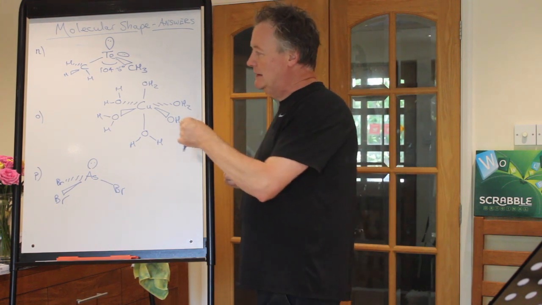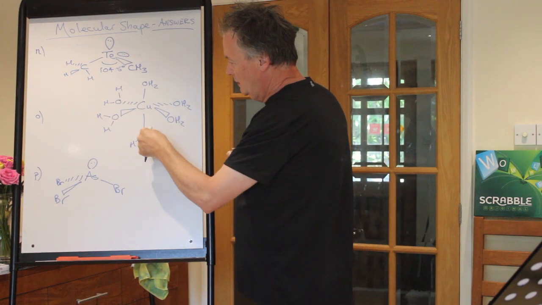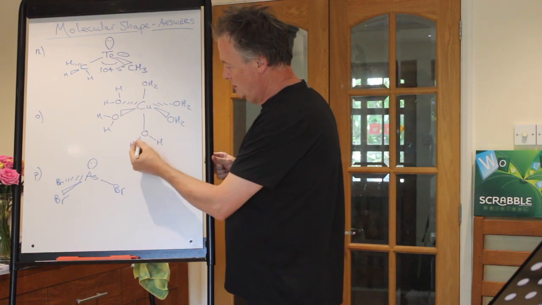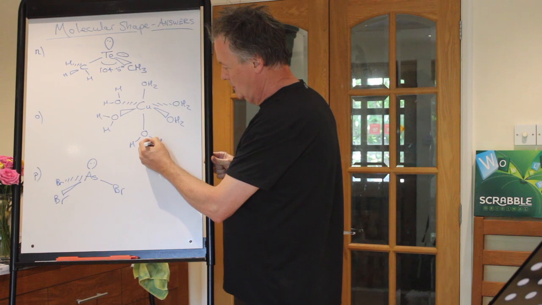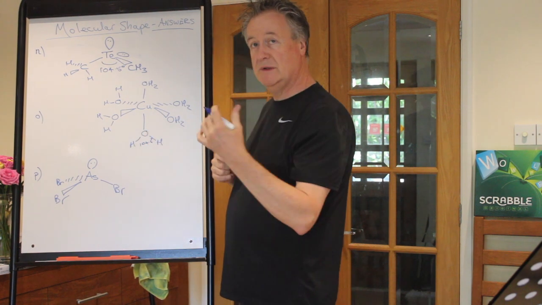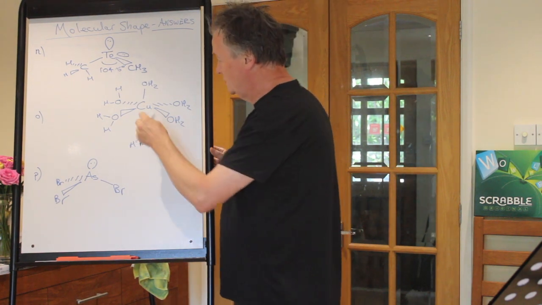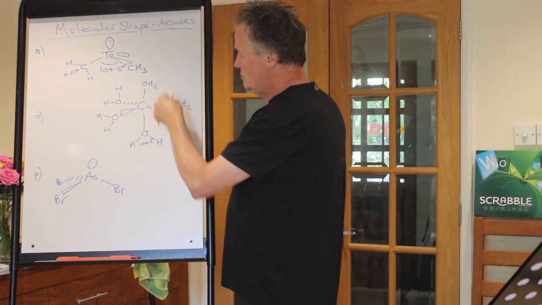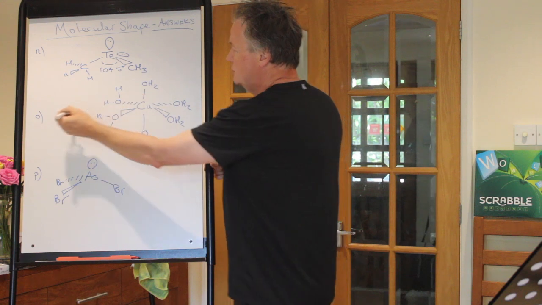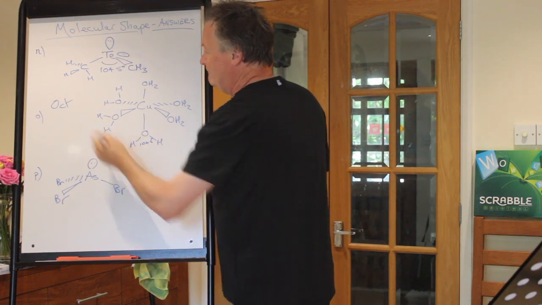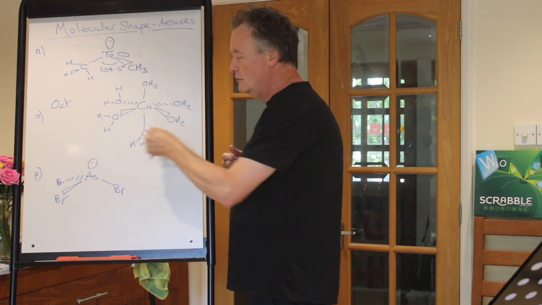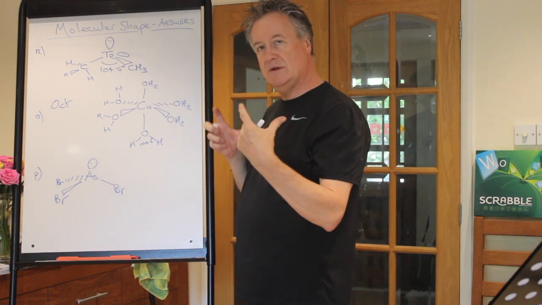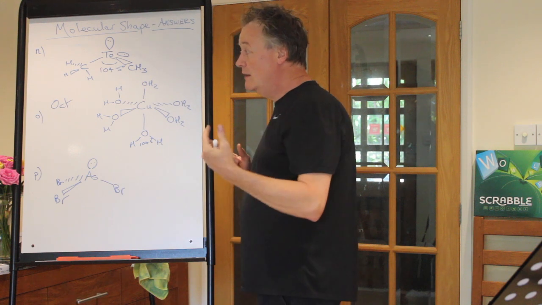O, same thing, water, bent structure, 104.5 degrees between the 2 hydrogens through the oxygen. But really the focus is on what's going on around the copper. 6 times it's octahedral. And more relevant in year 13 because this is part of transition metal chemistry, is how things go around transition metals.